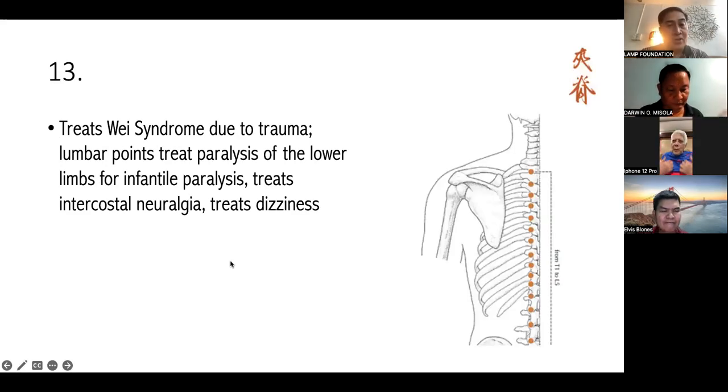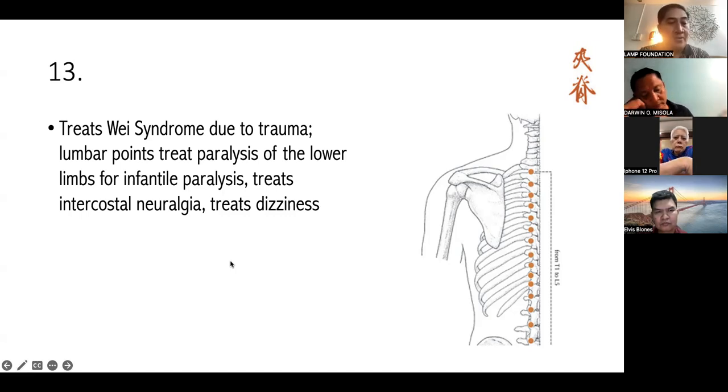Ito very popular. Ito gustong-gusto ito gawin ni Dr. Webb, no? Okay. This was named after a very famous Chinese doctor na ayaw niya ng bakshu pero ginamit niya itong points niya. Okay, so it extends from T1 to L5, no? 0.5, if I'm not mistaken, 0.5 tsun lang yan to 1 tsun.